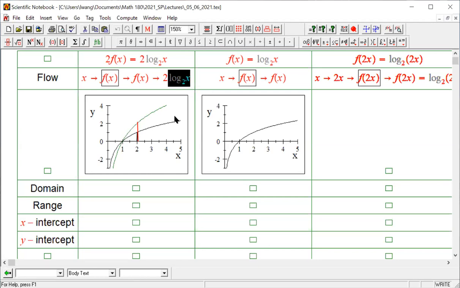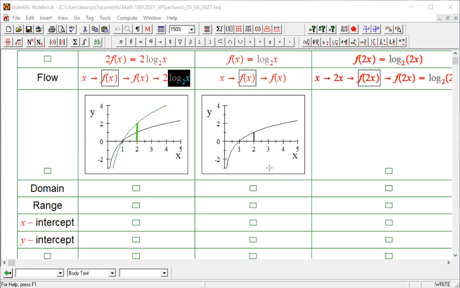Okay, so let's do this comparison here. So this height, right? So this is red. So this piece, this green piece, is double the black piece.